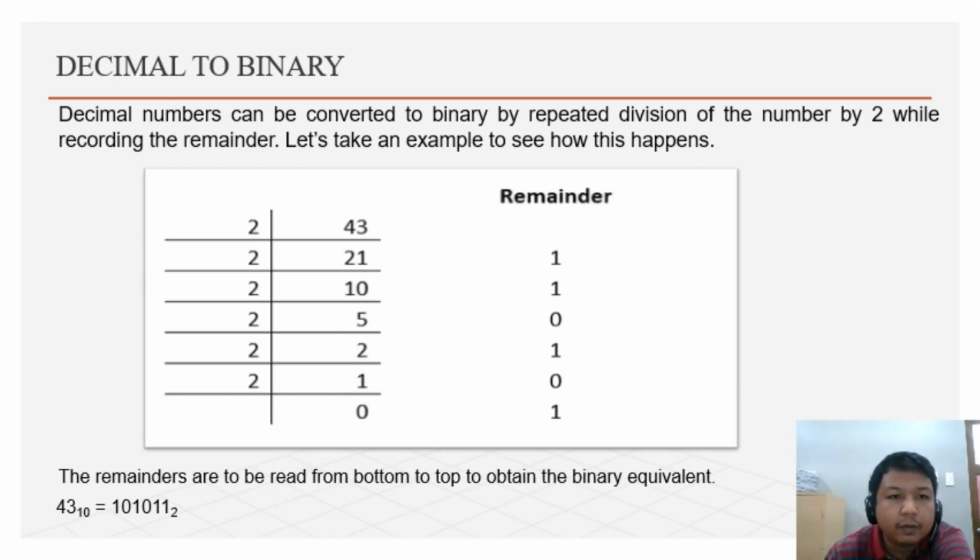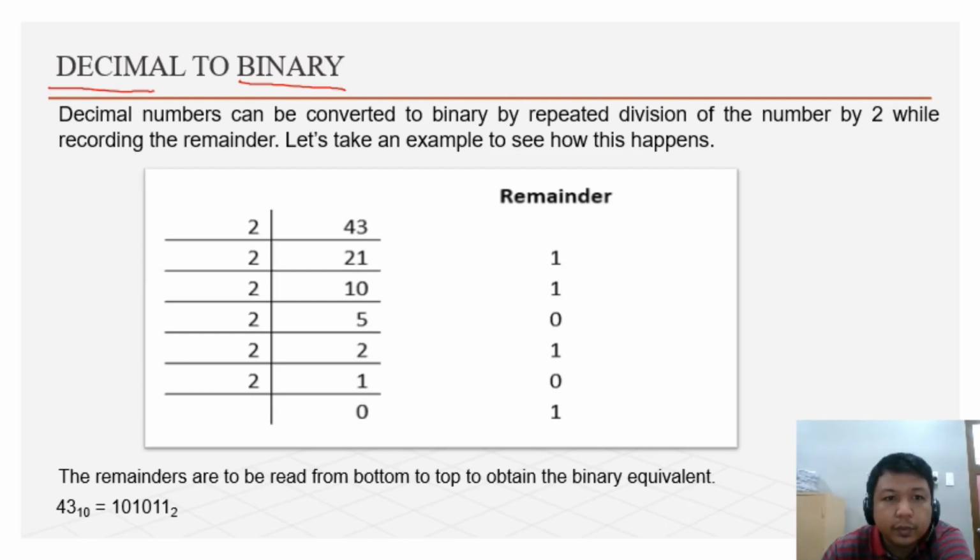Now we are going to take a look how to convert a decimal number into its equivalent binary number. To convert a decimal value into a binary value, we are going to do successive division, wherein we're going to divide the given number by the radix of the number we want to convert into.